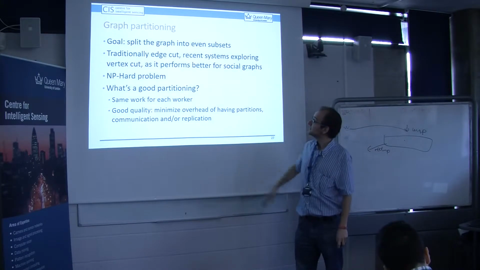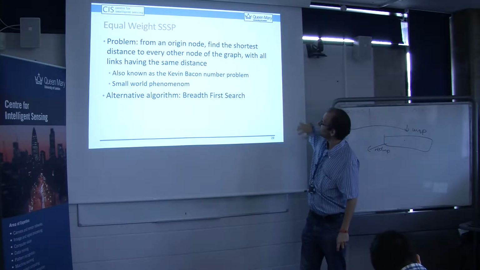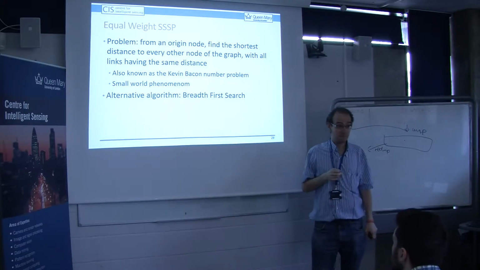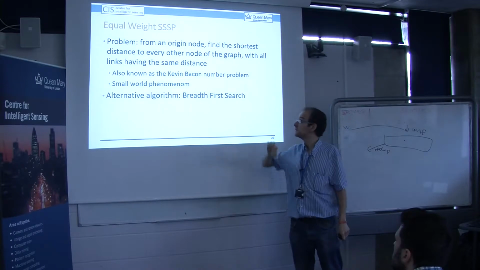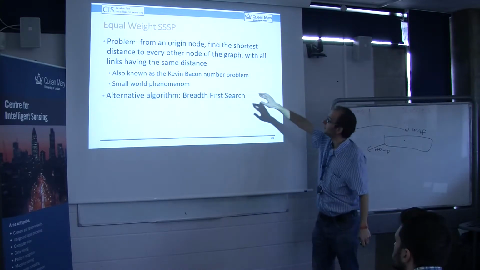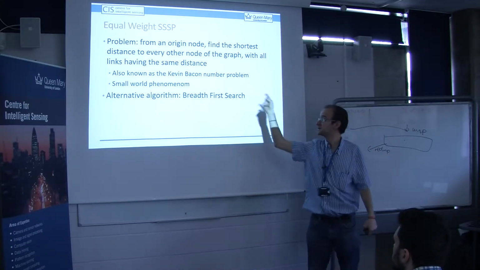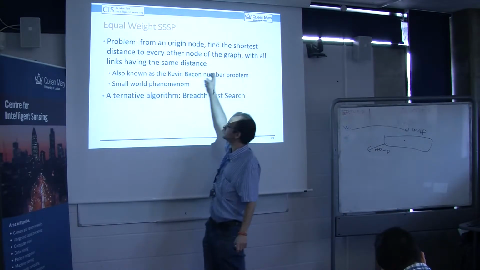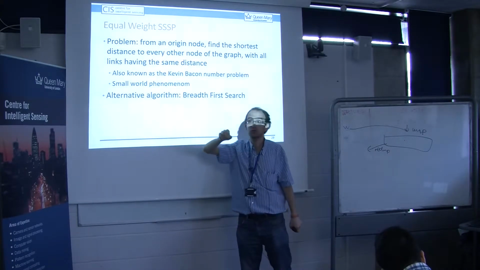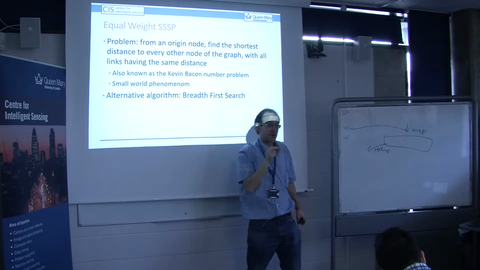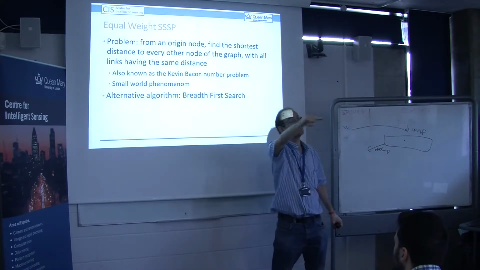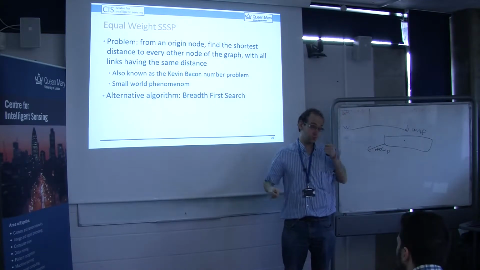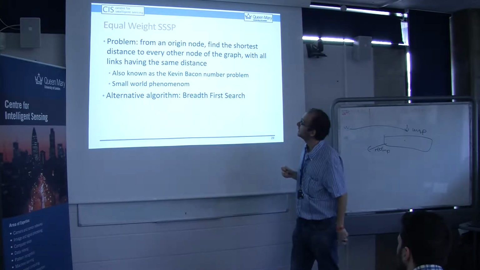And well, let's take an example here, and the naive but quite useful way of solving basically the same problem: from an origin node, find the shortest distance to every node in the graph. Here, so that we can make it easier to read, I am saying that all the links have the same distance, so I am counting the number of hops from one node to every other node of the system.